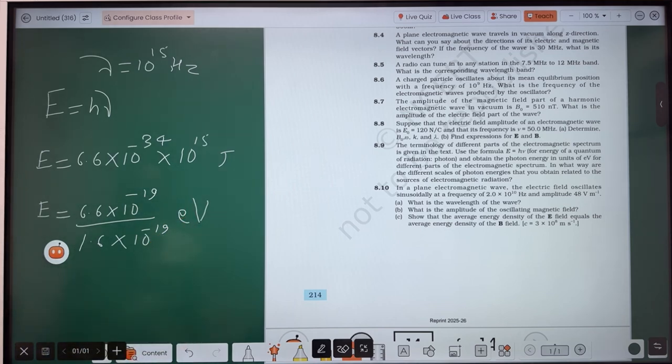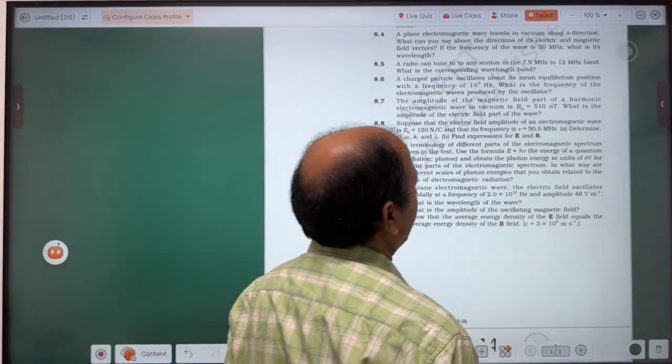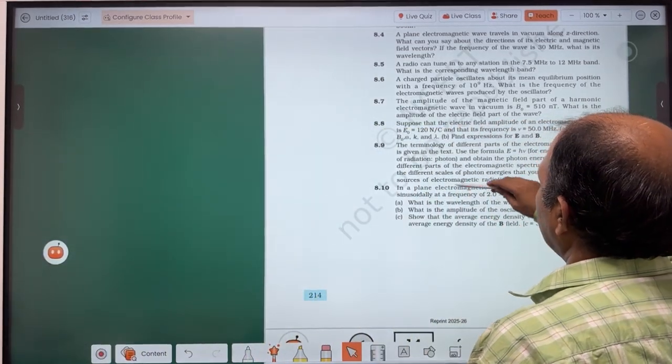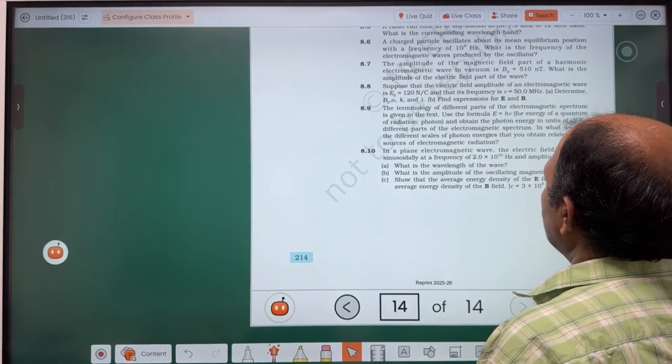Because if you remember, I told you 1 electron volt equal to electronic charge times 1 volt, that gives 1.6 into 10 power minus 19 joule. So this value is converted into electron volt. Here no more data is given, so you can assume like this, and for this you can refer to your textbook.